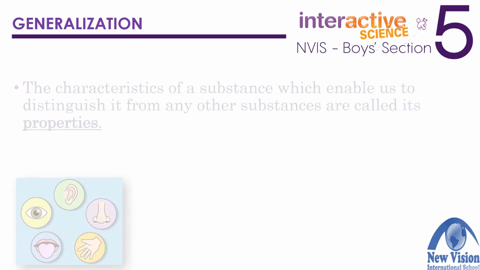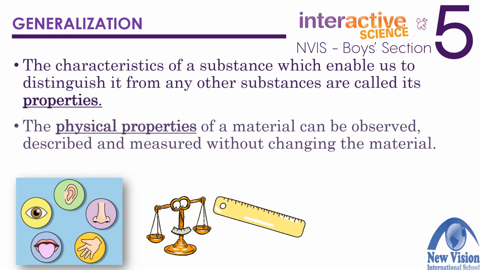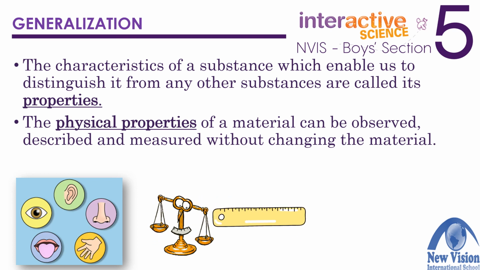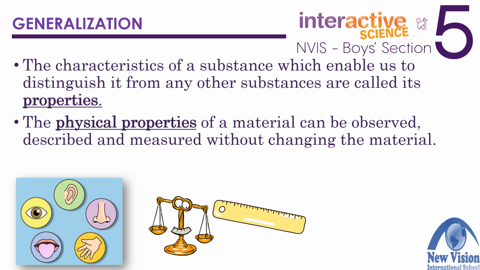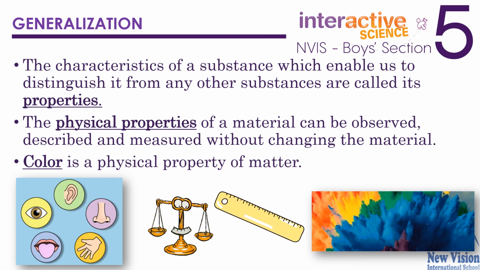Today we learned that the characteristics of a substance which enable us to distinguish it from any other substance are called its properties. The physical properties of a material can be observed, described, and measured without changing the material. Color is a physical property of matter.